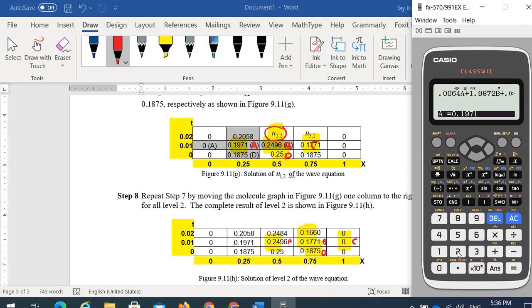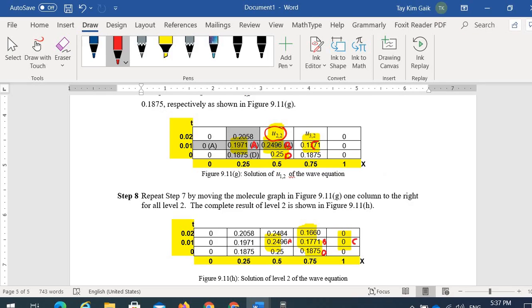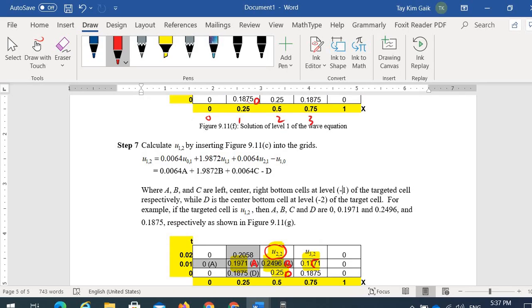A is 0.2496, B is 0.1771, C is 0, D is 0.1875, which gives 0.1660. So with this, you no longer need to write down tediously the values for U01, U11, U21, U10 and then key in the calculator.